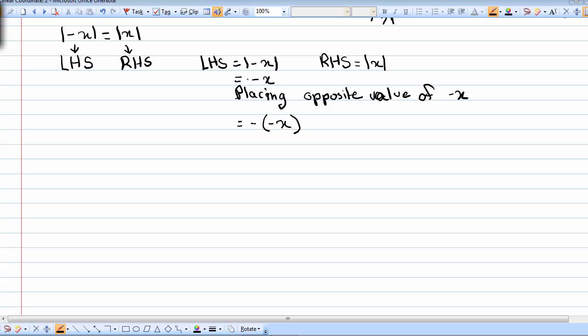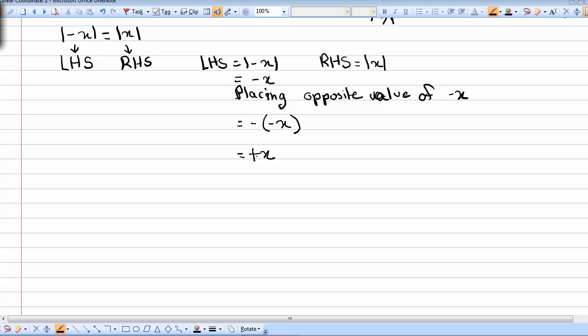So we have taken off the enclosing bars from this absolute value of x, and we have made it minus x. So this x can be replaced with the opposite value right now. If we replace it, it becomes the negation of minus x, or you can simply say that minus into minus makes it positive x.